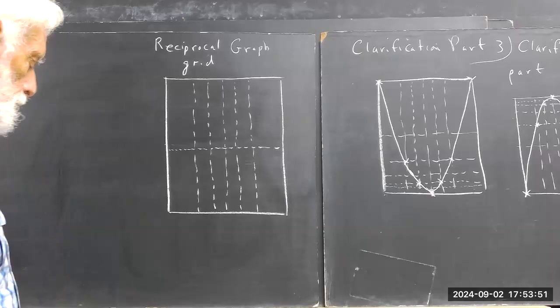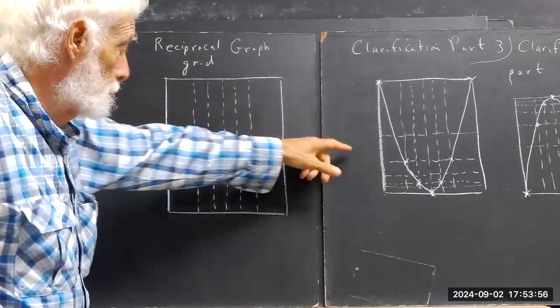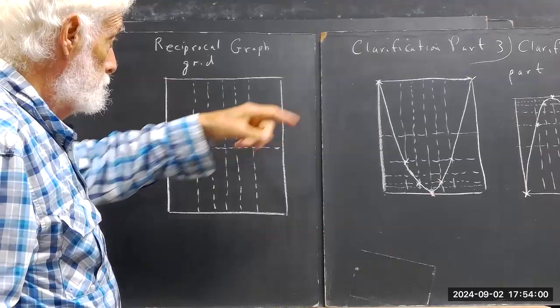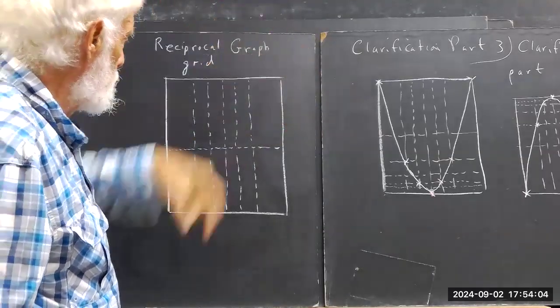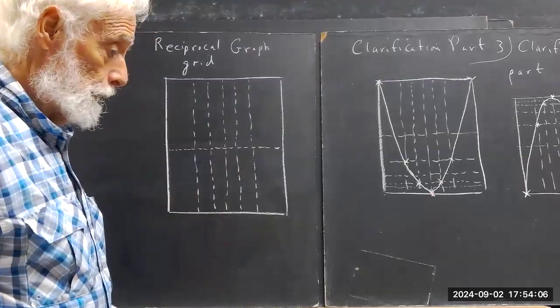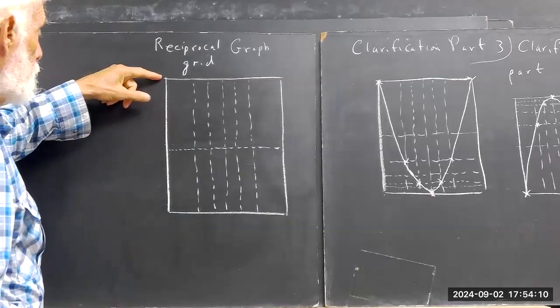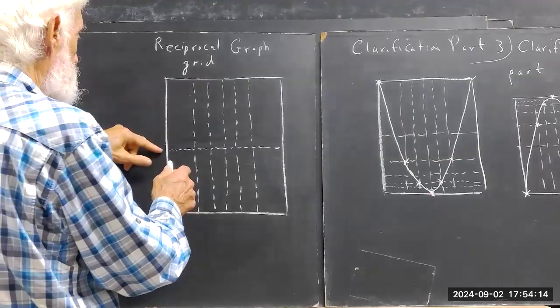Now the rule's going to be a little bit different than it was for the quadratic graph and for the exponential graph. Okay. Rule is go halfway from the middle to the center line, the top edge.